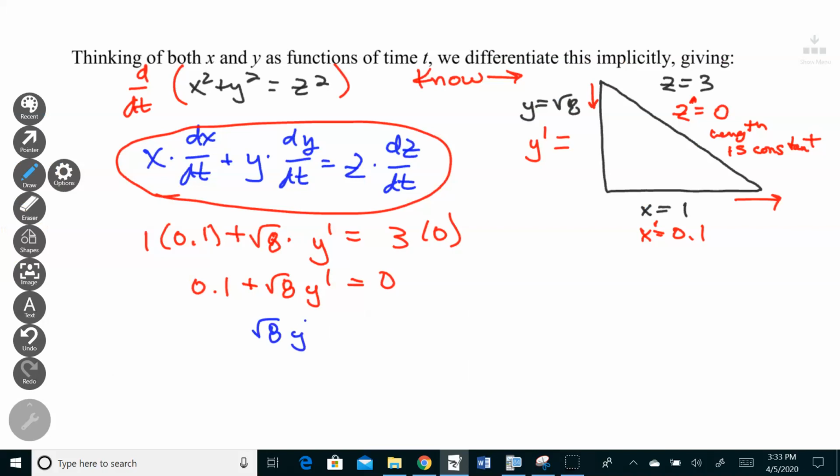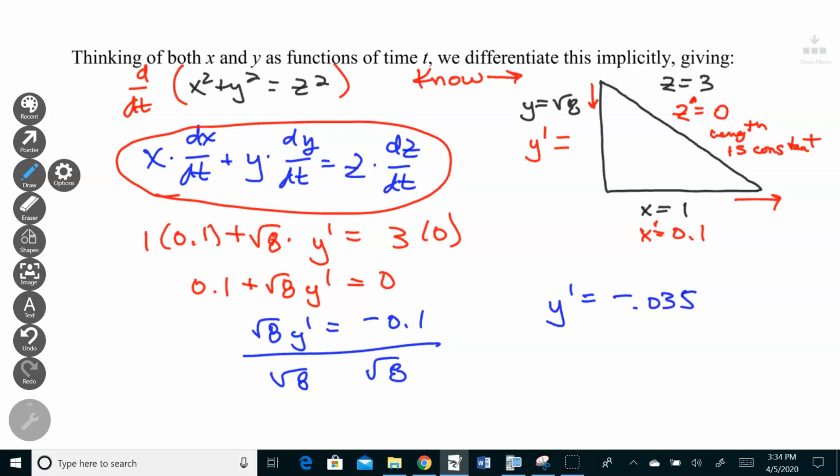Radical 8 y prime is equal to negative 0.1. Divide by radical 8 on both sides. And I get y prime is equal to, when I put this in the calculator, negative 0.035, and this was meters per second.